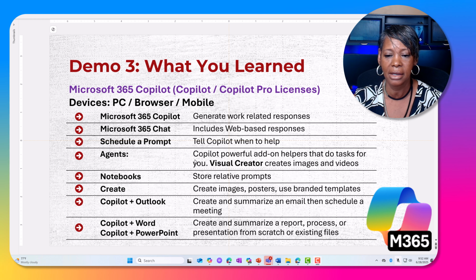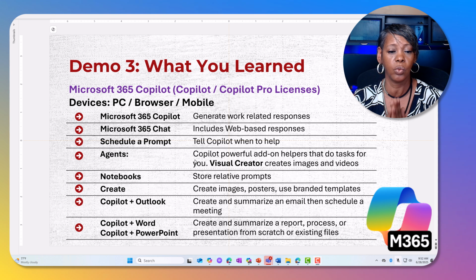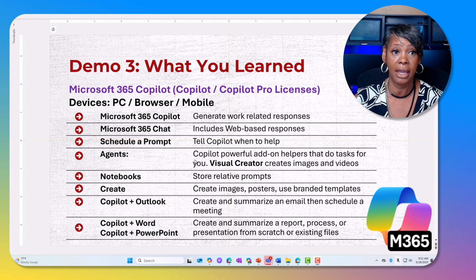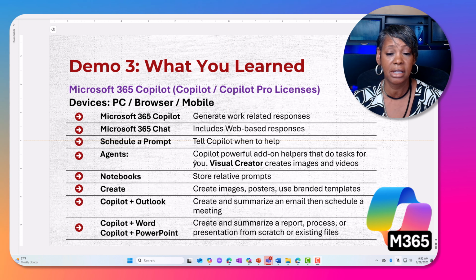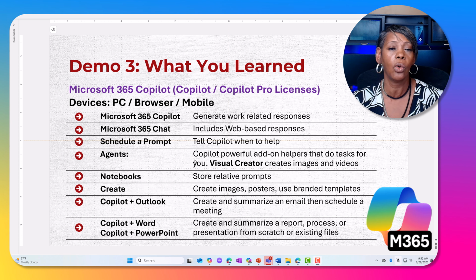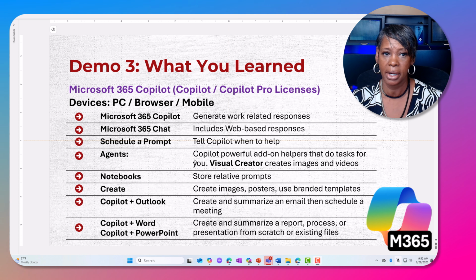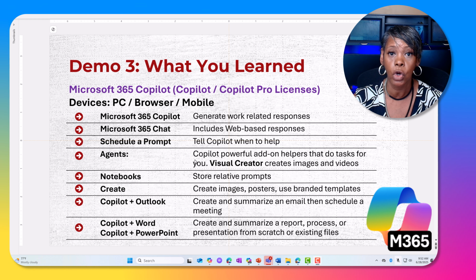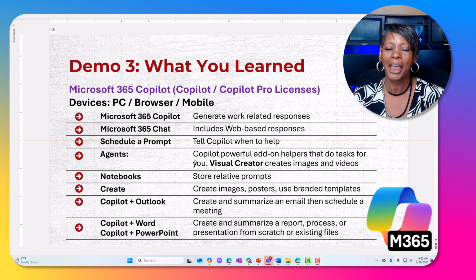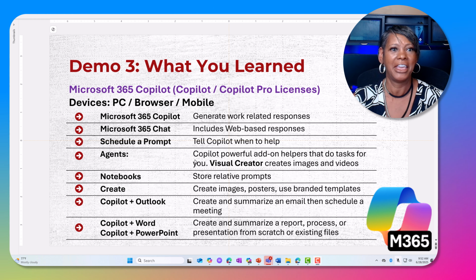Talked about creating images and posters. Now, my favorite is working with Copilot with Outlook, helping me create emails and summarize emails, schedule meetings for me. And with Copilot Word and PowerPoint, I was able to create a document from scratch or have it reading from an existing document. So I hope that I made you a believer that Copilot is your personal assistant.